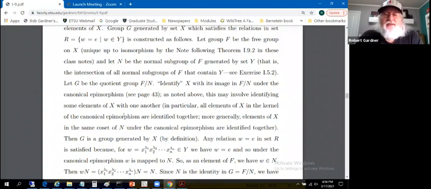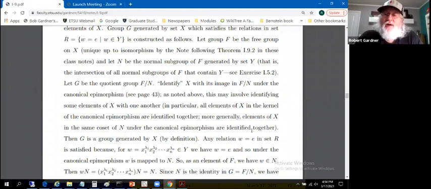We made some comments above that this identification is definitely not a one-to-one procedure. All the elements of X that are in the kernel of the canonical epimorphism are identified together. In fact, any two elements of X that happen to be in the same coset of N will be identified together in this sense.